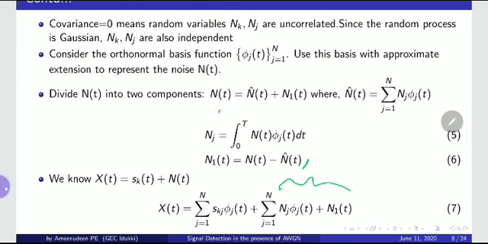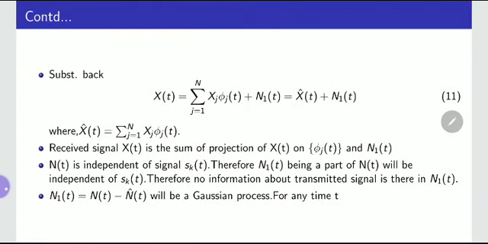So these two terms add up to x cap of t, that is, sigma j equal to 1 to N of xj phi j of t, and the remaining is n1 of t. So the received signal x of t is the sum of the projections of x of t on phi j of t, where j varies from 1 to N, and an extra noise term n1 of t.